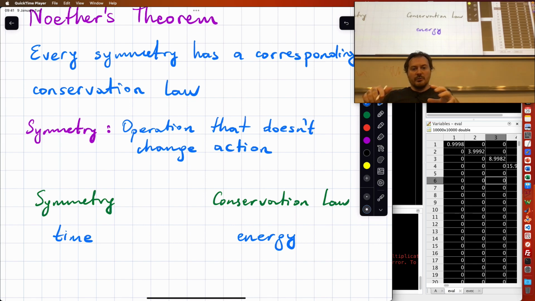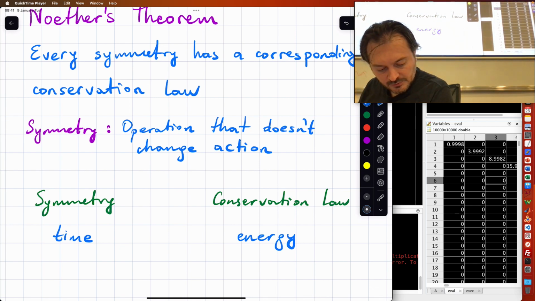I'm not expecting you to see it right here because I didn't show you how we went from time to energy, but I'm telling you where it's coming from. Noether's theorem involves some mathematics, and it shows you what is conserved when something is preserved. Some symmetry is there. So symmetry in time results in a conservation law.